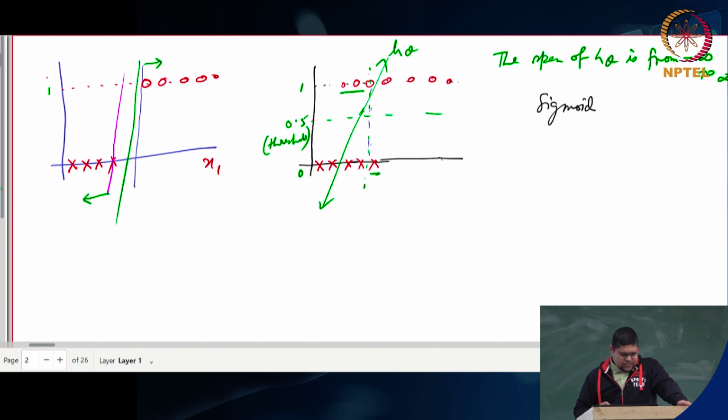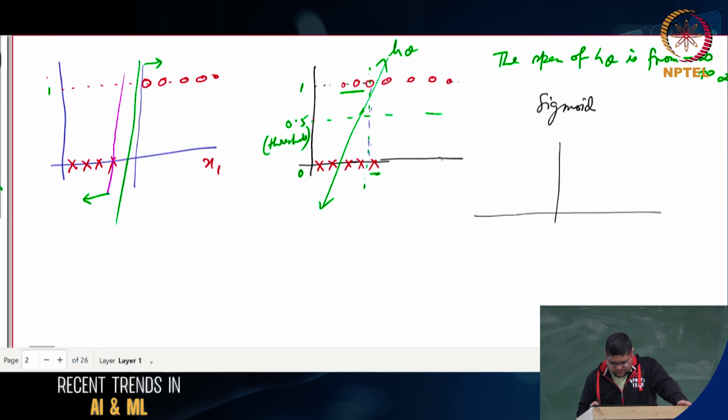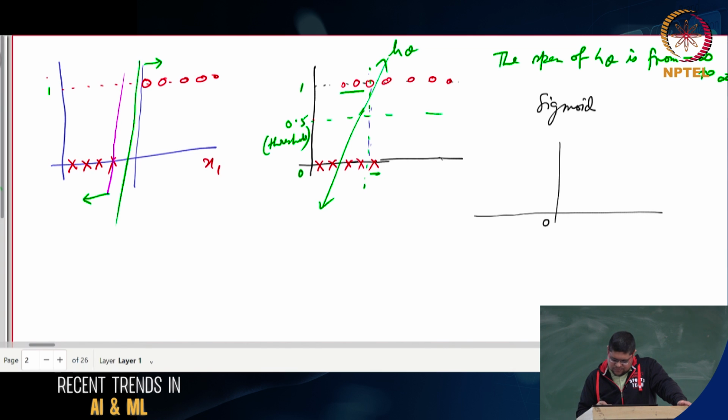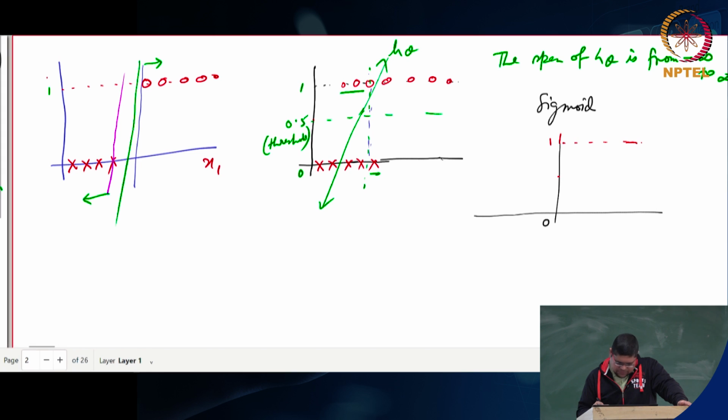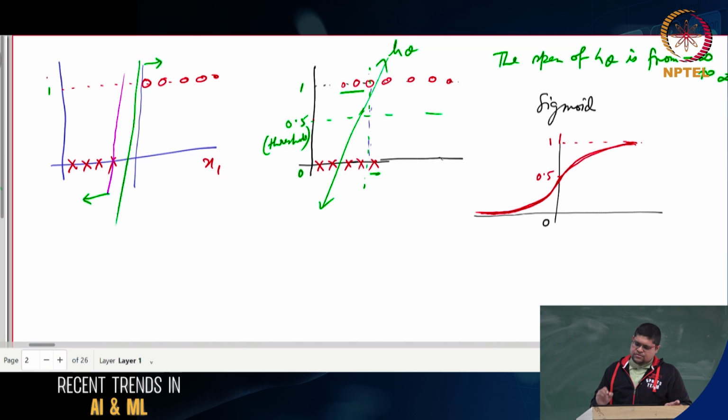So the sigmoid function will look like this. If this is 0 and this is 1, and this is say 0.5, the line will look like some sort of S line. Pardon my drawing. This way it will look.